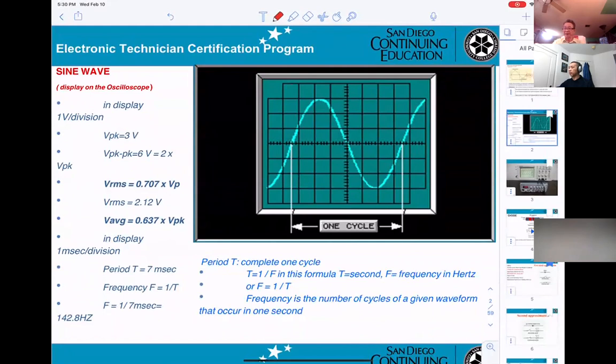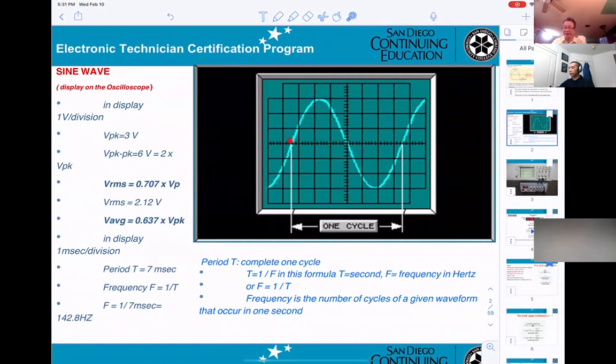Okay, and you already know from the top here to the bottom here, that means voltage peak to peak. From the 0 here, go to the top or go to the bottom, will be V peak.